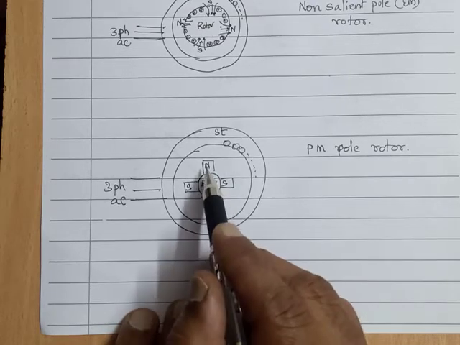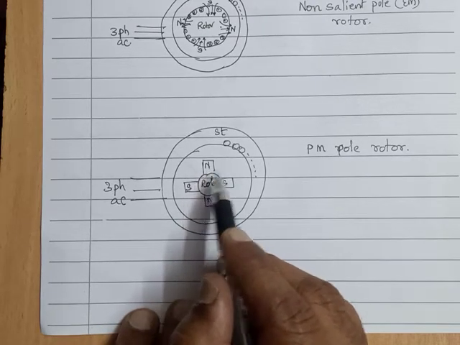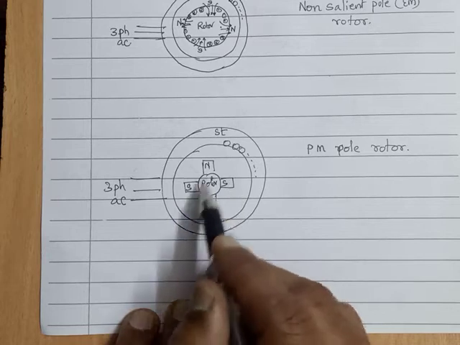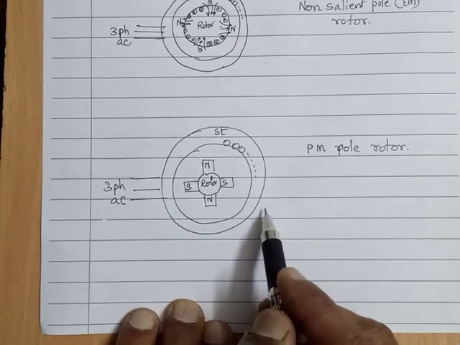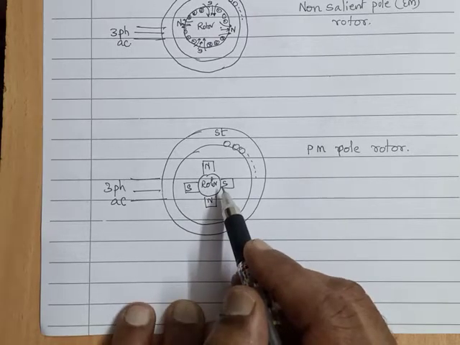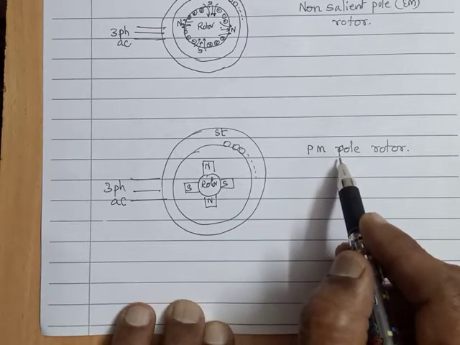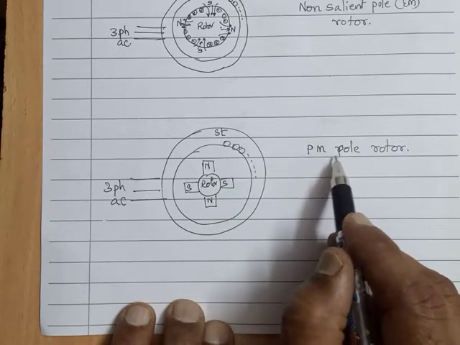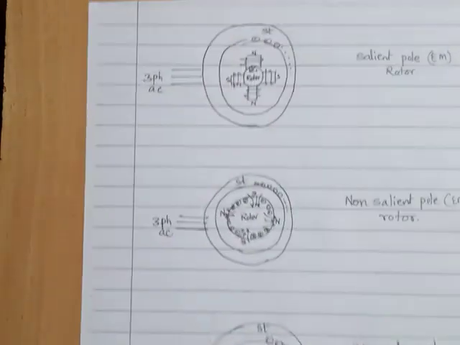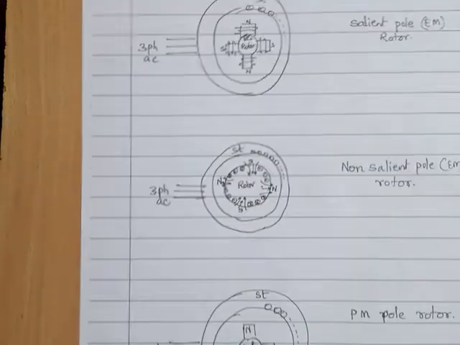That means we are having permanent poles, no winding here, no need of slip ring and brush arrangement. This type of construction is called permanent pole synchronous motor, or that rotor is called permanent pole rotor. So the three construction types, are you clear? Good. So we will proceed.